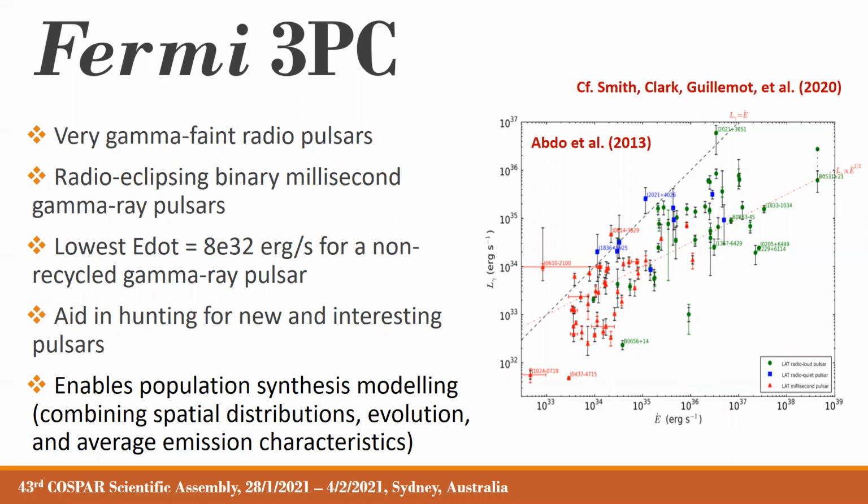It will also enable population synthesis modeling that combines spatial distributions, evolutionary history of pulsars, and the average emission characteristics of pulsars. On the right, you will see, for example, the L gamma versus E dot plot, and one can see and appreciate that for the millisecond pulsars in red, there's a different type of trend than the trend seen in the younger pulsars, the greenish ones.